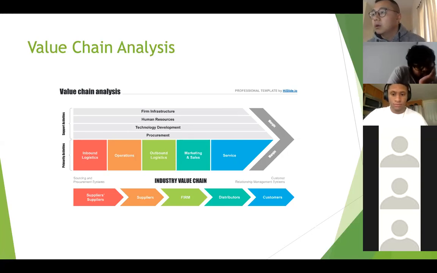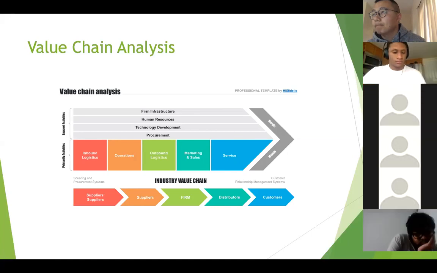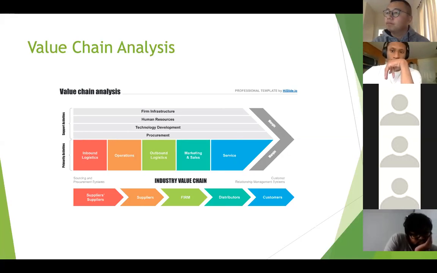Okay, is that clear? Make sense? So the industry value chain is more general, for how materials get from the supplier to the customer and so on. Yes, you can think of it this way.